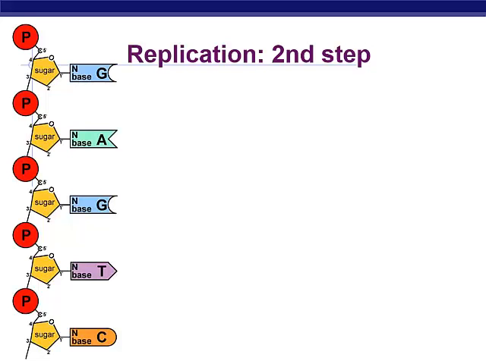All right, so this says replication second step. It's actually sort of incorrect. The second step for replication is the adding of an RNA primer. So you can just make a little correction on your notes. RNA primer has to be added before we can replicate the DNA.